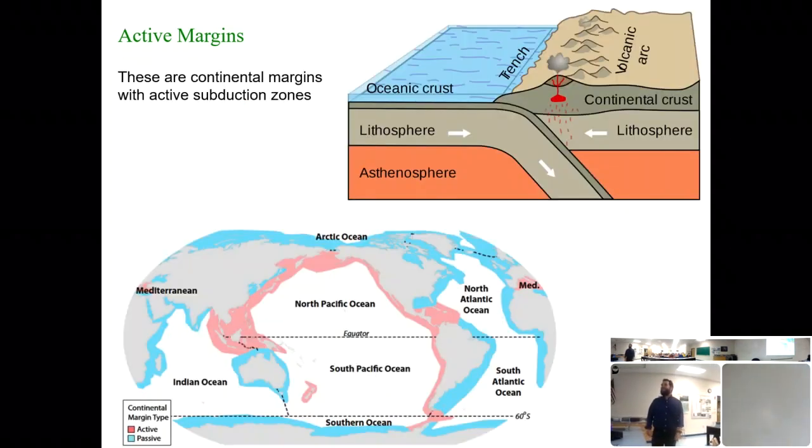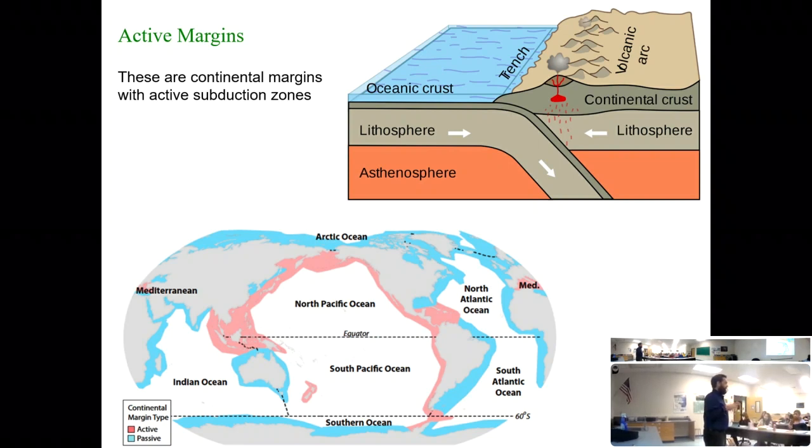Okay. So let's go now to some more about active margins. Active margins happen where there's active subduction, right? So what are some things that you get in subduction zones that you might remember? Yeah, volcanoes. Trenches, right? So you get trenches.